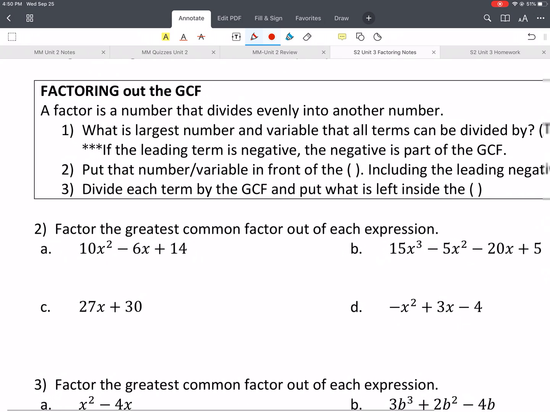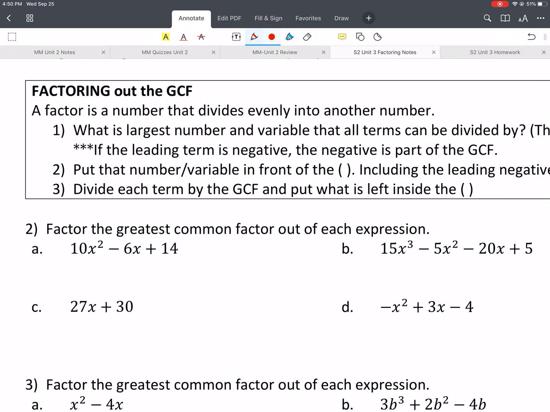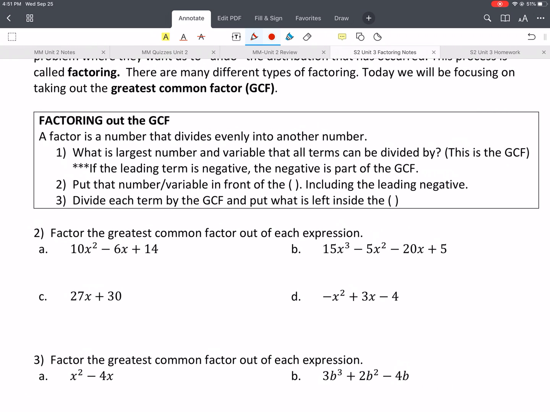All right, so for factoring out the greatest common factor, the GCF, here's some steps. So a factor is a number that divides evenly into another number, kind of like what I was talking about before. What is the largest number or variable that all terms can be divided by? Okay, this is called the GCF.